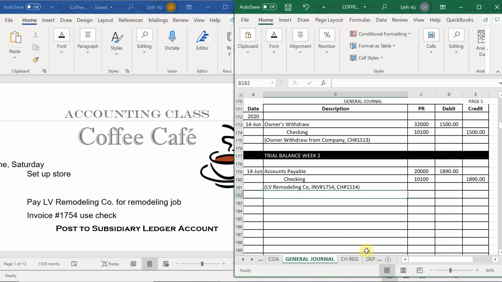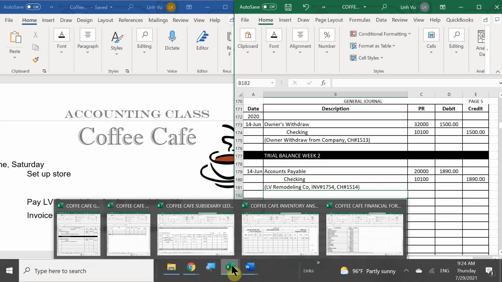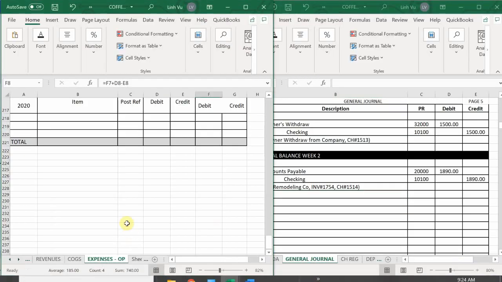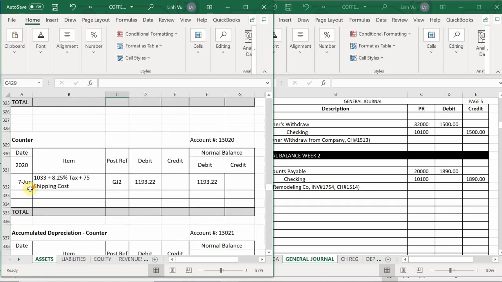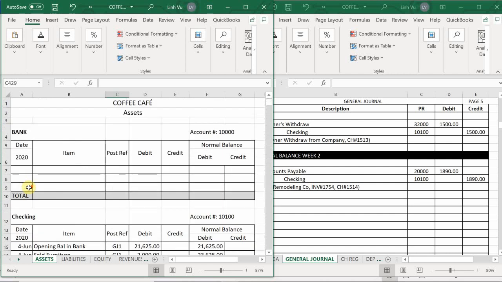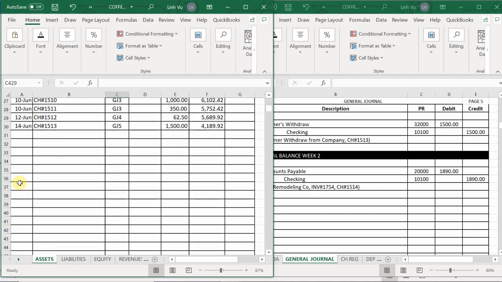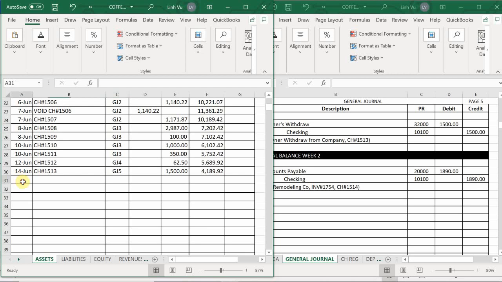Now that we finished our journal, where should we go next? Go to the bank. I mean the general ledger assets, and we made a payment, so we have to adjust the bank. All right, I'm on my checking account.